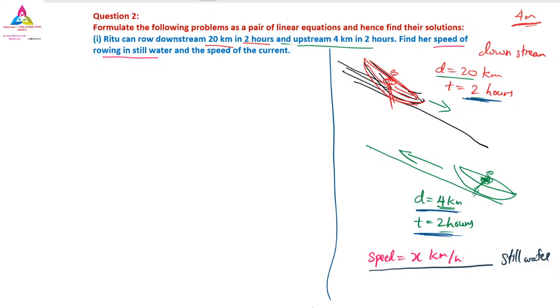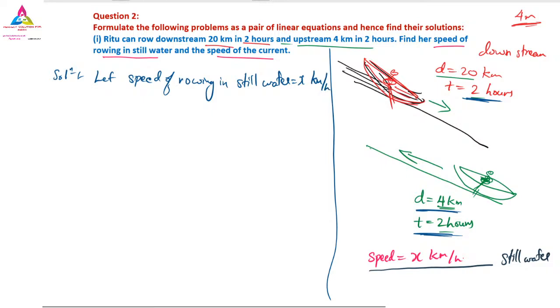The speed of the current they have asked, so let us take one solution for this. Solution: let the speed of rowing in still water be x kilometers per hour.